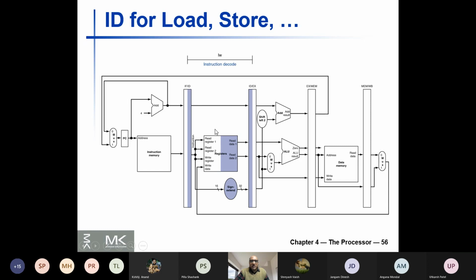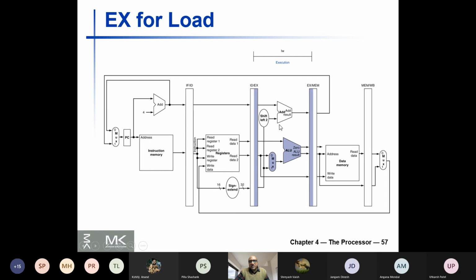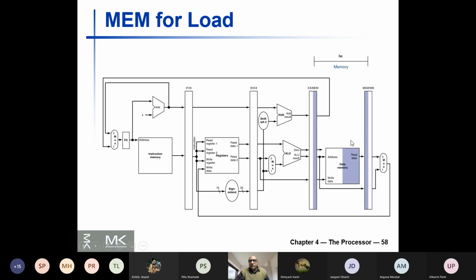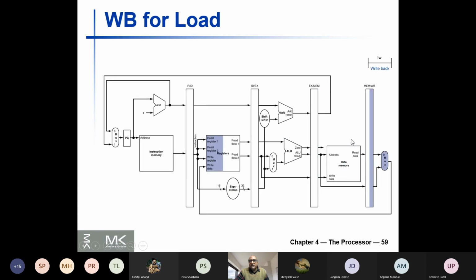You can see the highlighted portions correspond to the resources used in the second stage, and then this is the third stage, then the fourth stage, and then the fifth stage. So in the case of a load instruction, all 5 stages will be effective. The instruction makes use of the resources of all 5 stages, one after another, in sequence. And here you note that this is the 5th cycle of a load word.